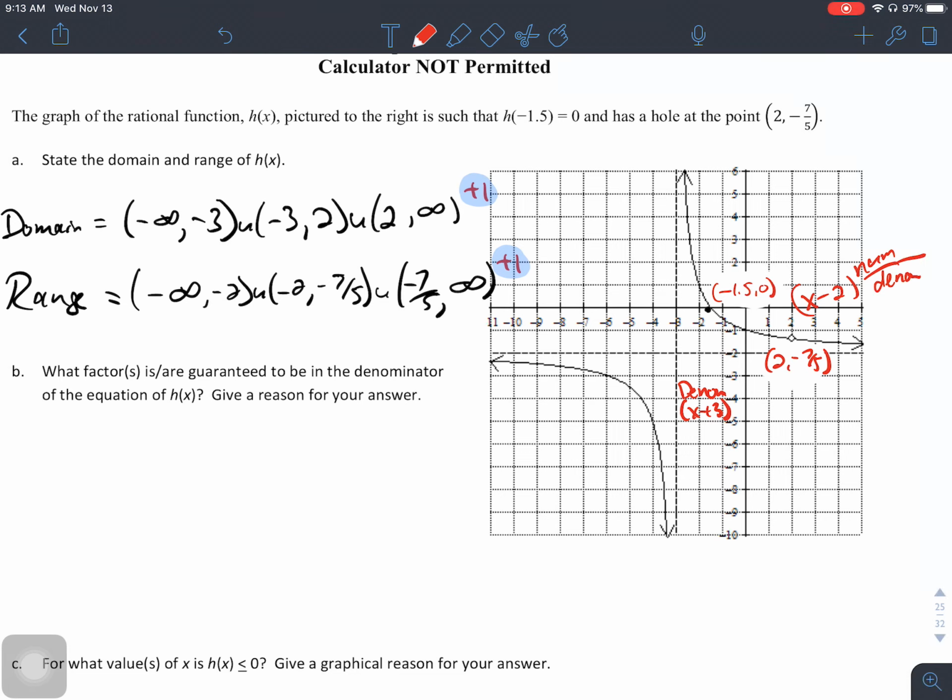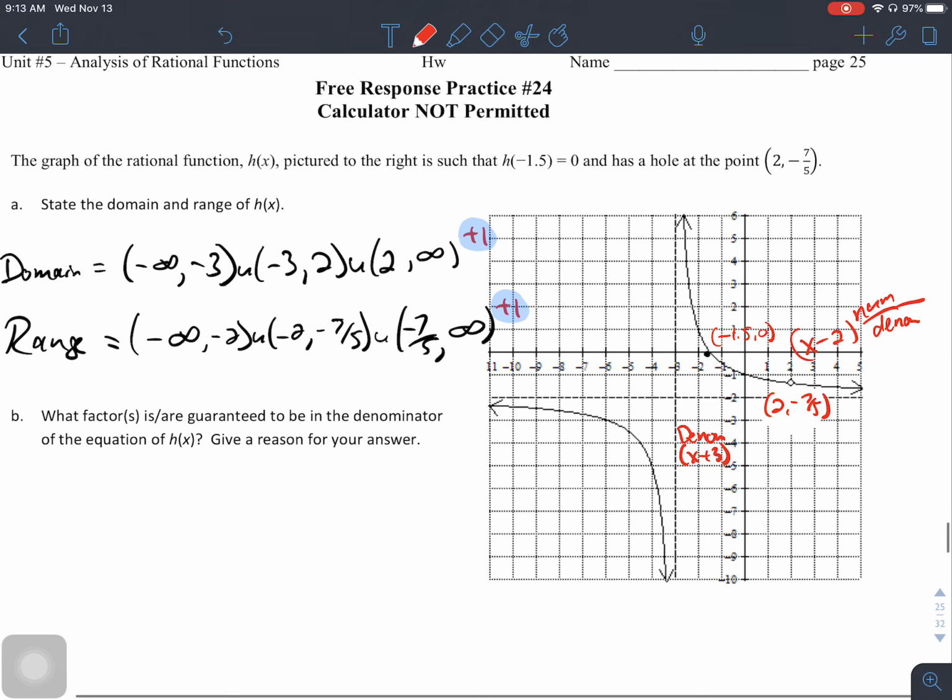That's a canceling factor. Since there's an x-intercept of negative 1.5, that must mean that there is a factor of... let me write this out because I'm having trouble with it. If negative 1.5 is an x-intercept, and if I add 1.5 to both sides, I could leave it like that, x plus 1.5, but generally, if we multiply each term here by 2, we would get 2x plus 3.